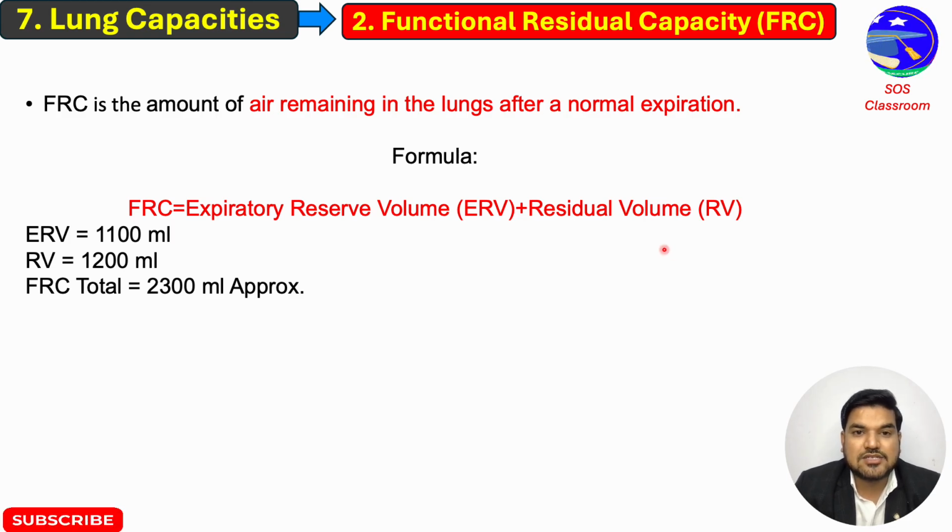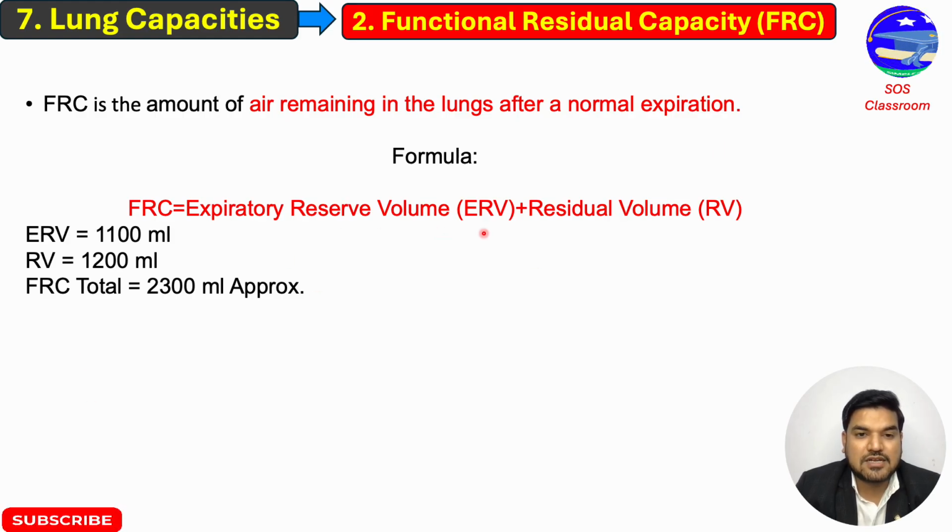Next is the functional residual capacity or FRC. Functional residual capacity means the amount of air remaining in the lungs after a normal expiration, meaning after normal tidal volume. What is the formula of FRC?